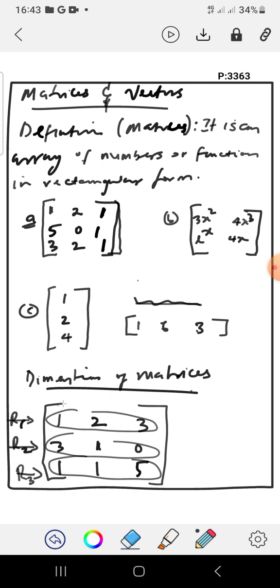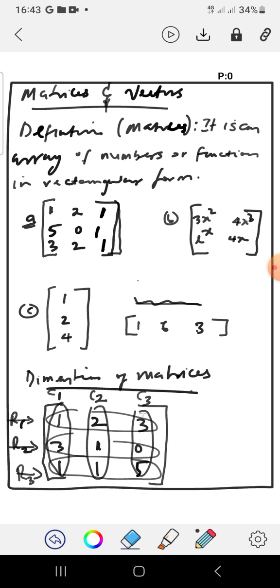Then we have the vertically placed numbers. Those are columns; if you look at it, they are standing. So we call them C1, C2, C3: column 1, column 2, and column 3.